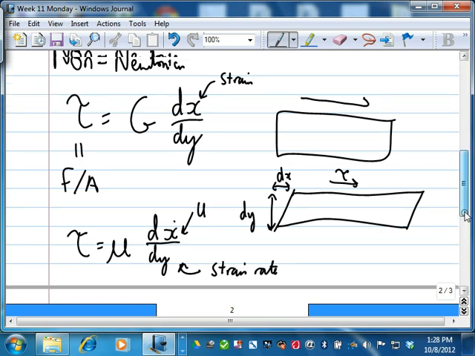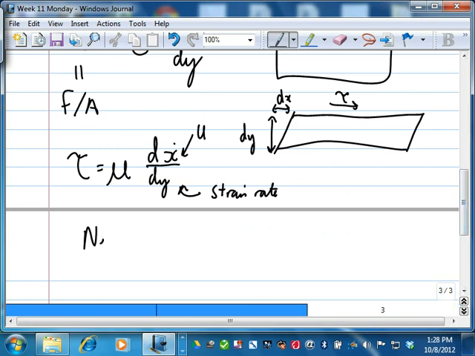For Newtonian fluid, up to now that's all we've considered, for pipe flow, external flow and so on, we say mu is constant. At a given temperature, for simple fluids like water, it is constant.